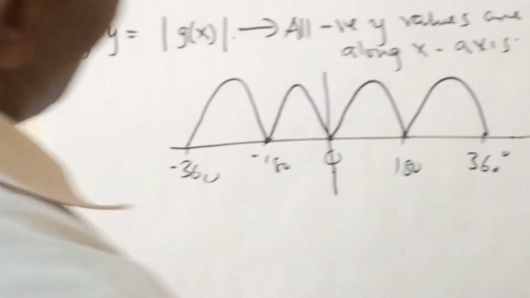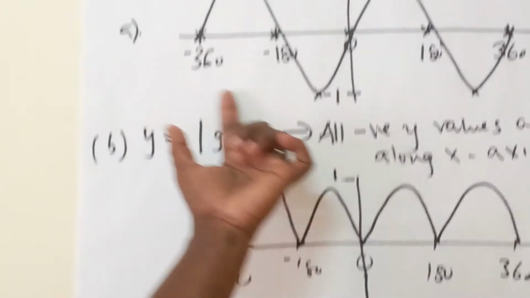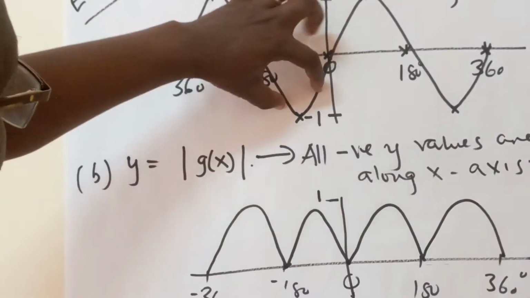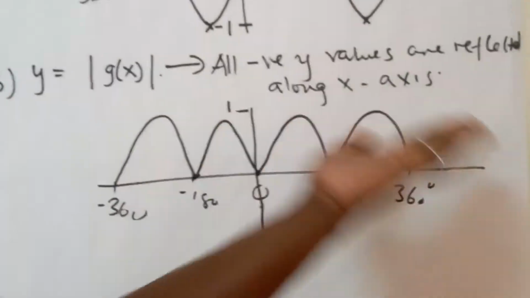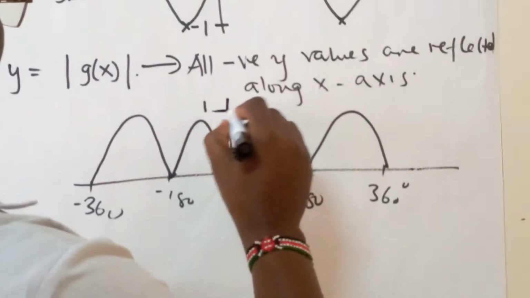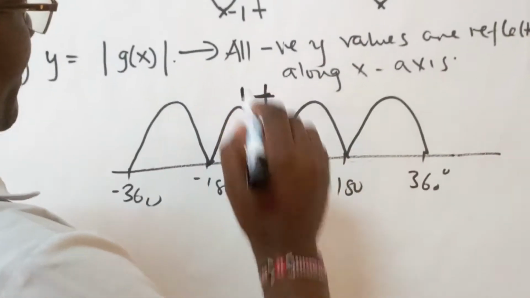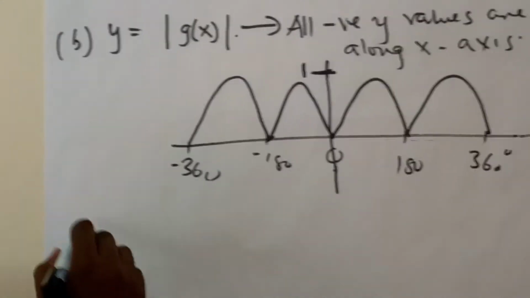So at the end of the day, the values of y which were negative, particularly this part and this part, are now reflected along the x-axis, and they are simply positive.